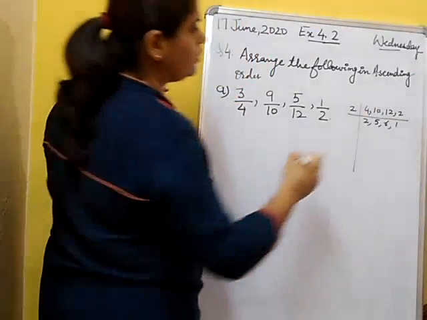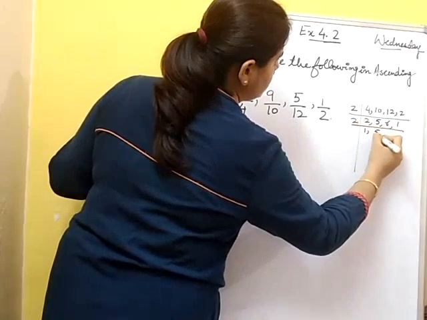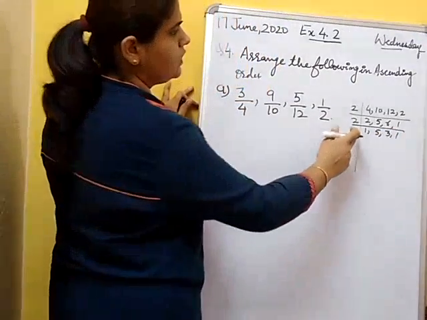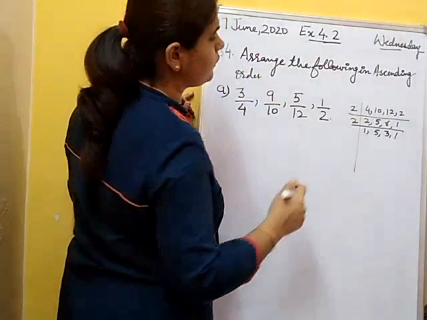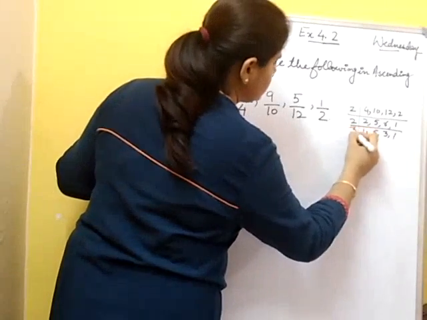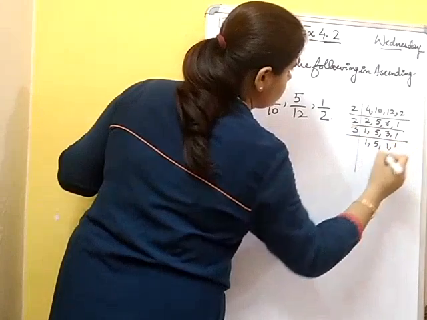Again it will go on to 1, 5, 3, again 1. Now, neither 5 nor 3 is divisible by 2, so we will move to the next prime number, that is 3. 3, 1, 5, 1, 1.